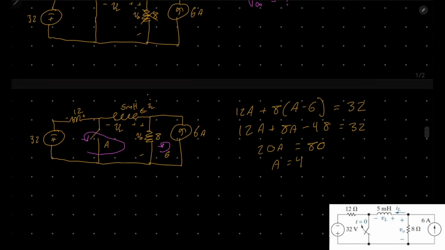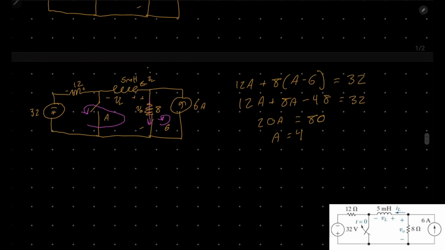Okay, so now that we have 4, we want to get the current that is going through right here. We want the current in this direction, because we want to go from high to low. So we choose the one that agrees with the direction of the 6. So we have 6 minus 4 equals a current of 2.